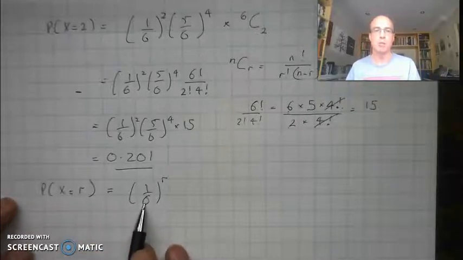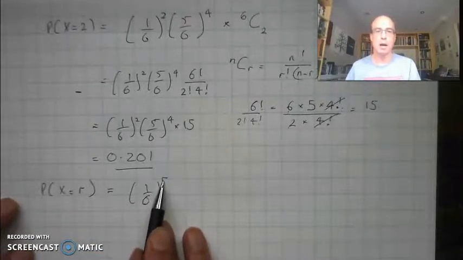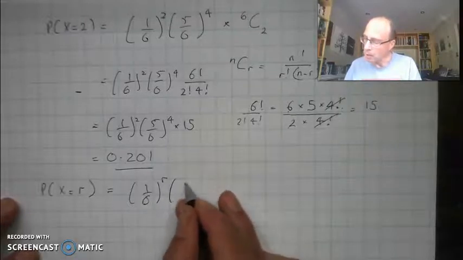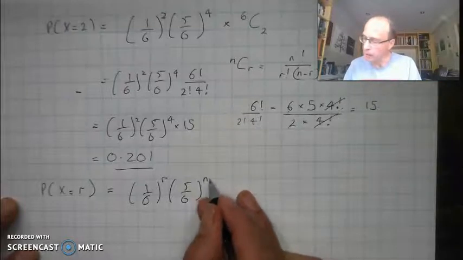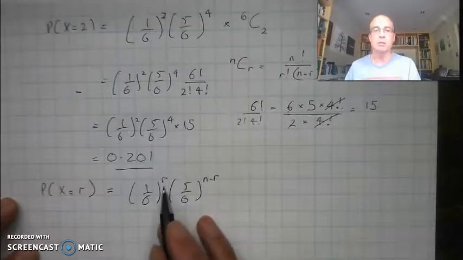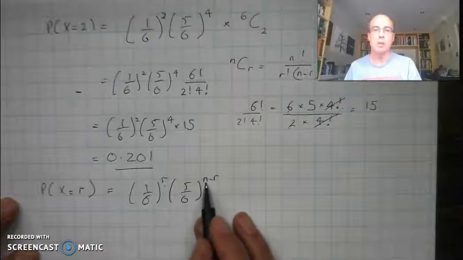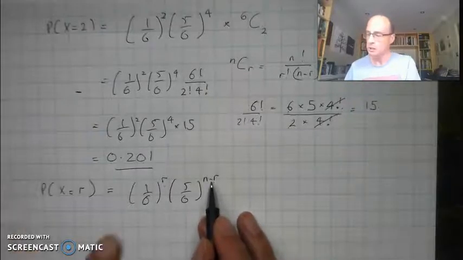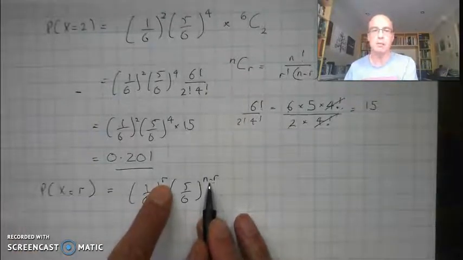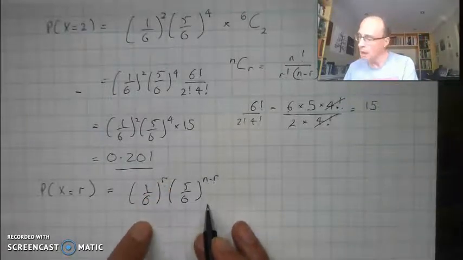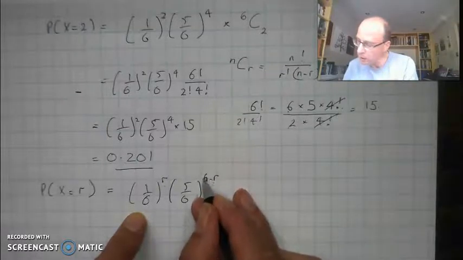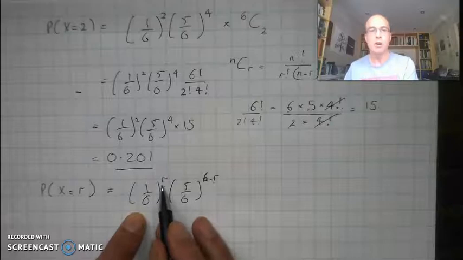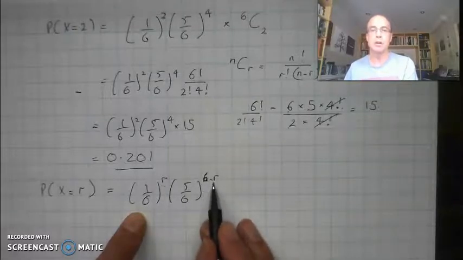So my probability of getting 1/6 to the power of r, and then I'm going to multiply that by 5/6 to the power of, in this case, n minus r. So I've got r successes, I must have n minus r failures. So when I add these two powers together, I've got my n trials, my n rolls of the dice. And my n in this case is 6, so I'm going to write 6 in before I completely generalise this expression. So I've got r successes and 6 minus r failures.